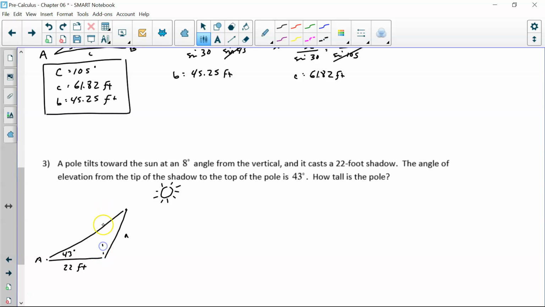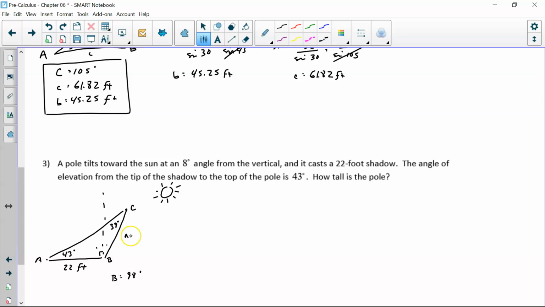If we were to draw a vertical line, that would be a right angle. So we'll call this angle B. Now, angle B is 8 degrees from the vertical towards the sun. So this is 90 and this is 8. So angle B is 98 degrees, which means 43 plus 98, and then we subtract that from 180, we're going to get 39 degrees, and we'll call that angle C.